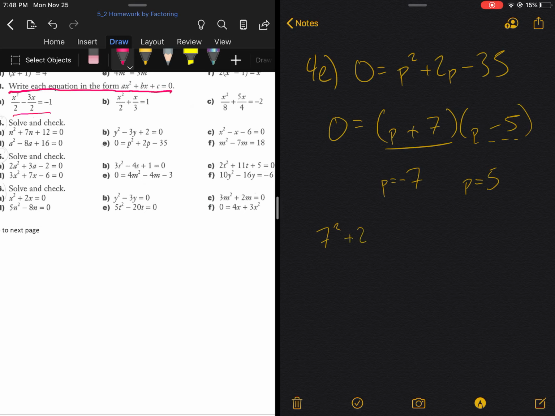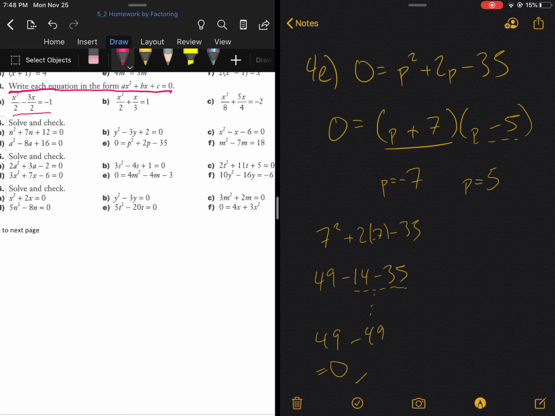Let's verify. p squared is 7 squared plus 2 times 7, minus 35, with p equal to minus 7. So we got 49 minus 14 minus 35.